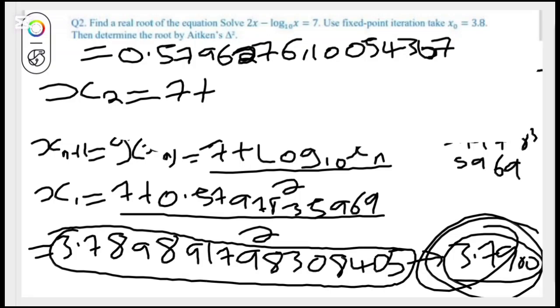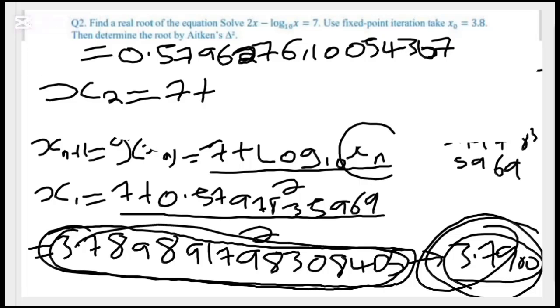0.579. So as you can see, before, if we are dealing with another x, now I will say 7 plus, I will not say 7 plus exactly this thing, because the final result that I found here, I'm going to multiply it by log of x of n. And you have to take note, x is increasing.